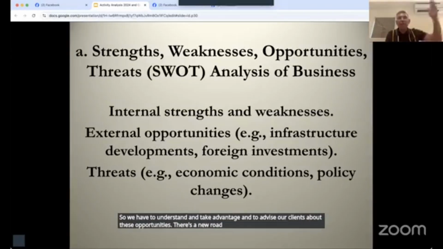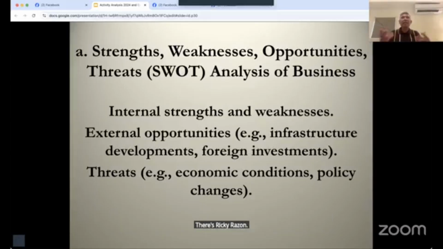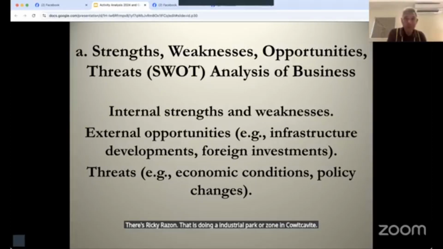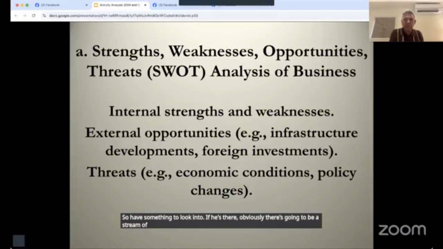With that new bypass road, there's going to be land bank there. Let's buy a property there. Ricky Razon is doing an industrial park or zone in Kawit, Cavite. So that's something to look into. If he's there, then obviously there's going to be a stream of good businesses coming in there. Have we land bank there? So these are things that you have to look at.